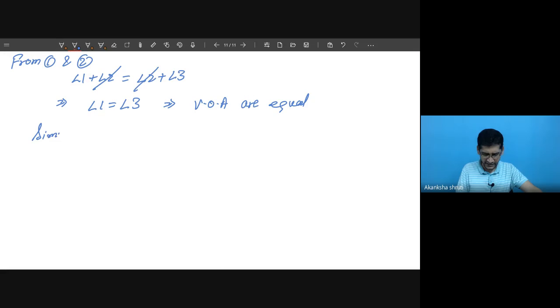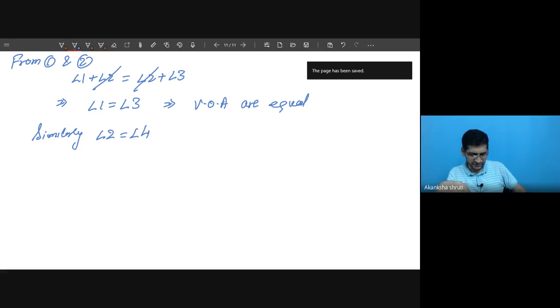Similarly, you can simply write angle 2 is equal to angle 4. So just prove one and write similarly. That will give you the result. So this was one of the important conditions to be applied for vertically opposite angles.